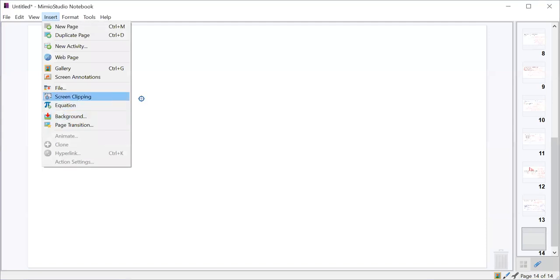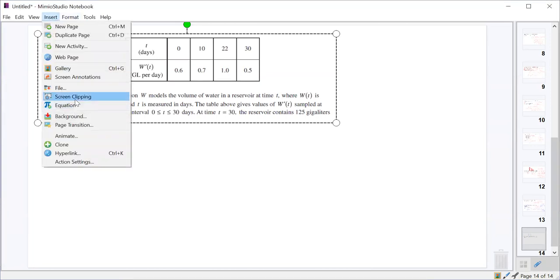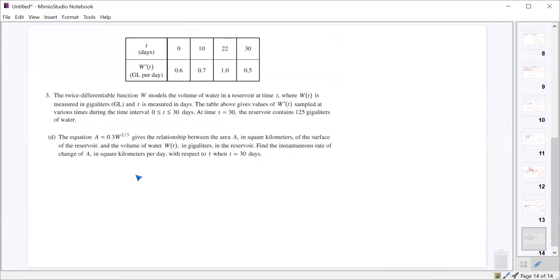All right, here is 3 and just the basic information from 3. And then we also need 3 part D. That's what is being asked for. All right, here's 3D. So let's see if we can do this without parts A, B, and C. Otherwise, I'm going to have to go back and look at those.